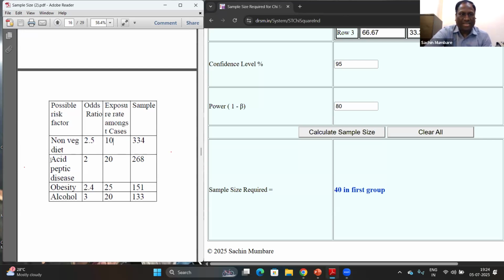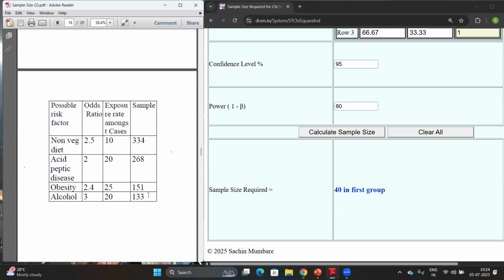For acid peptic disease, the reported odds ratio is 2 with exposure rate amongst cases 20, and so on. Based on this data, I have calculated the sample size for each of these risk factors. Understood? Yes, sir.